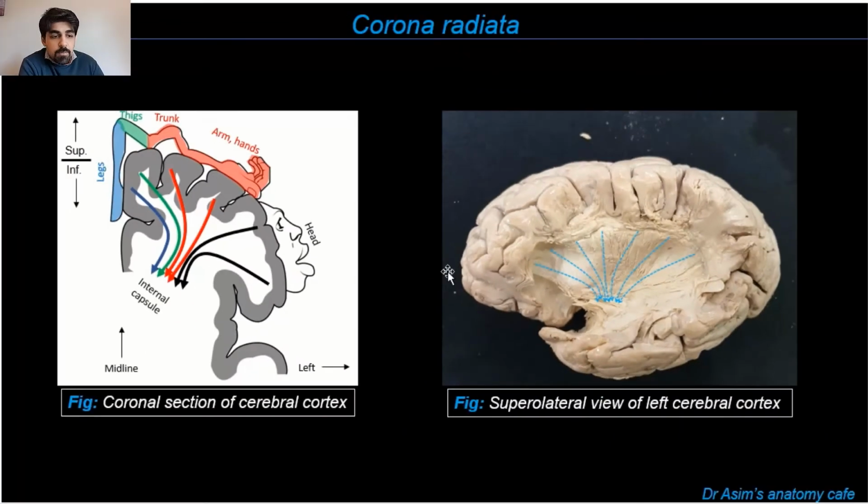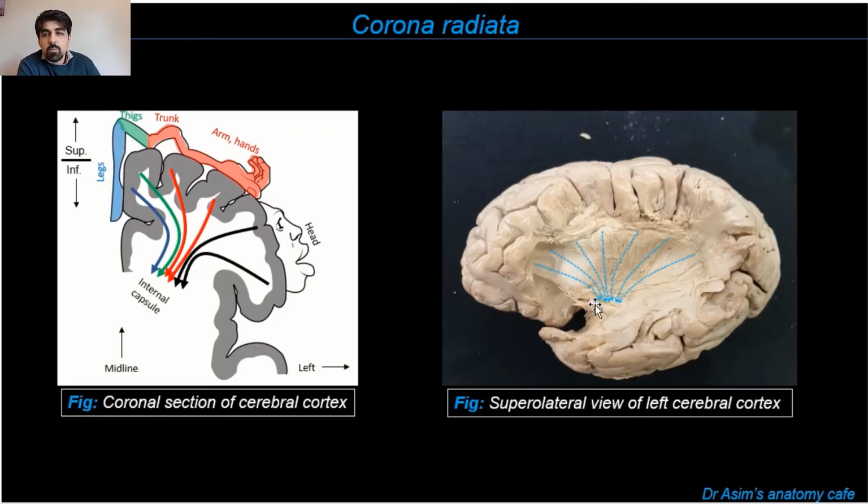Now, what you're looking at here is the left lateral view of the cerebral cortex. It's a prosection of the brain, and much of the cerebral cortex on the left side has been peeled off, so you can see the subcortical white matter very clearly, and you can see the white matter tract fibers converging down. These fibers which pop out from the cerebral cortex and radiate down are known as the corona radiata, and they can be seen converging in a region between the basal nuclei and the thalamus.